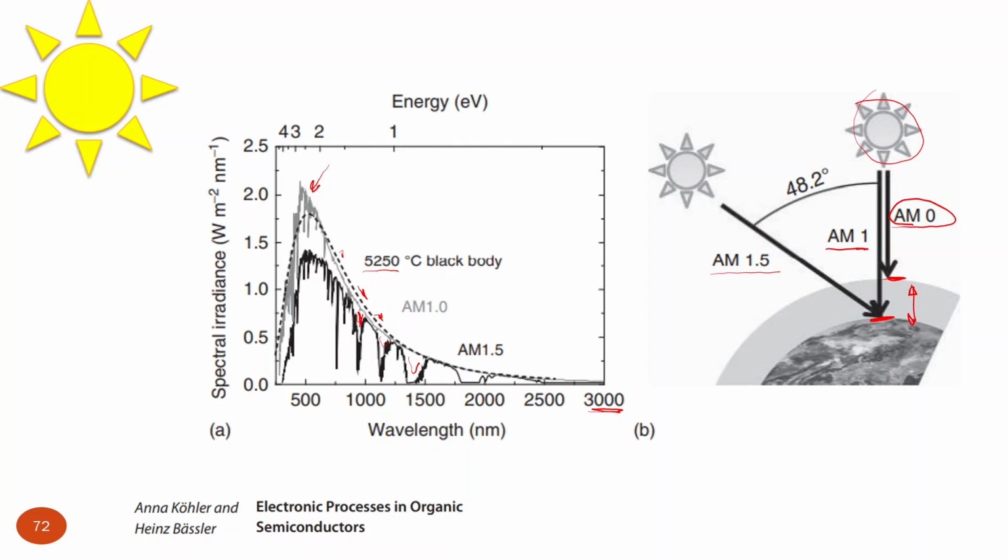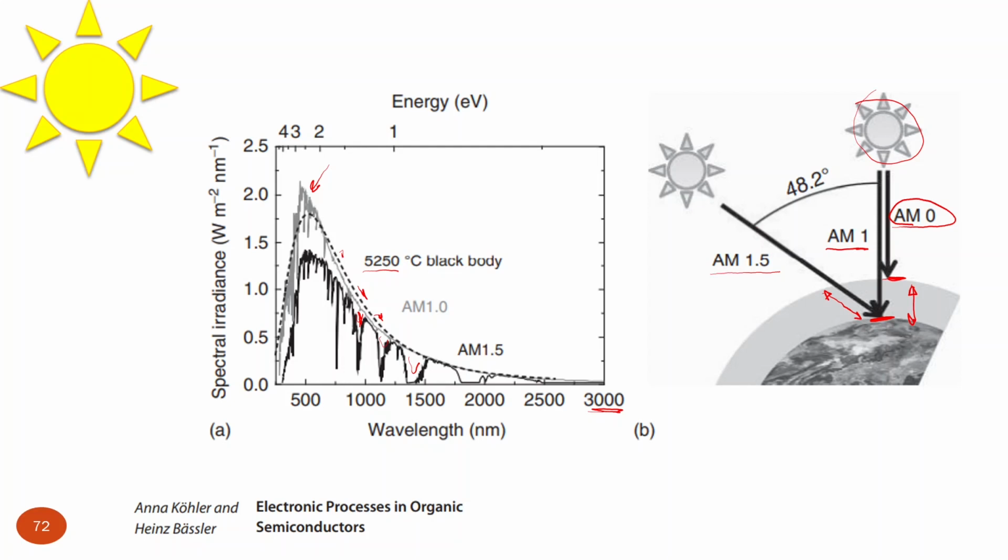At this angle the path which sunlight goes through the atmosphere is larger than with angle 0 for AM1. So obviously it will absorb more, and we will get a bit less intensity.